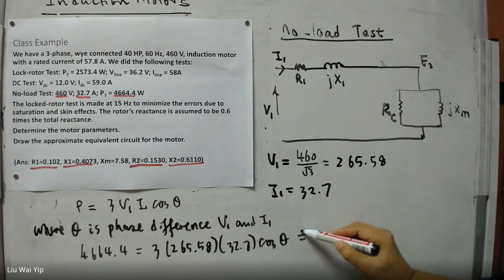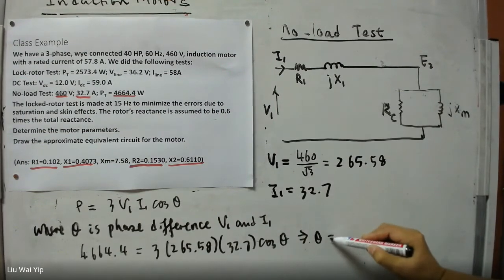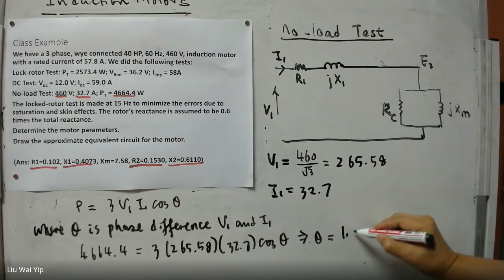And if you do it carefully, theta is going to be 1.39 radian.